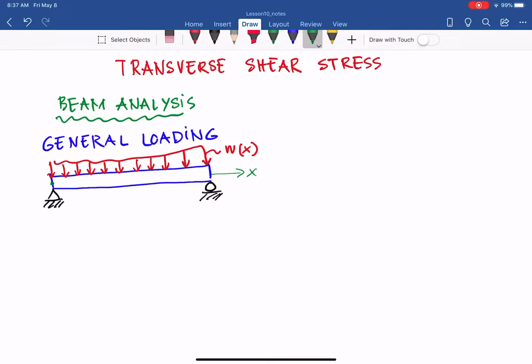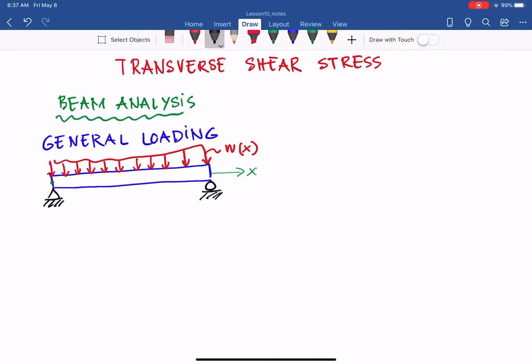With that, let's work on a differential slice, something we did in the shear and moment diagrams, with the distance dx. We want to draw the free body diagram for that differential slice.